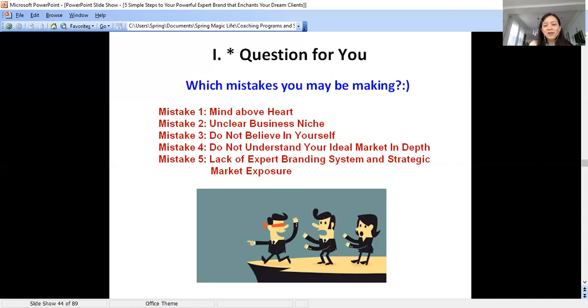Many entrepreneurs said they do not have the focus. They do not know how to really get clients, continually attracting ideal clients, because they lack an expert branding system and strategic market exposure, hiding and not really presenting their best messages to the market. So yeah, all of them are very big, right?